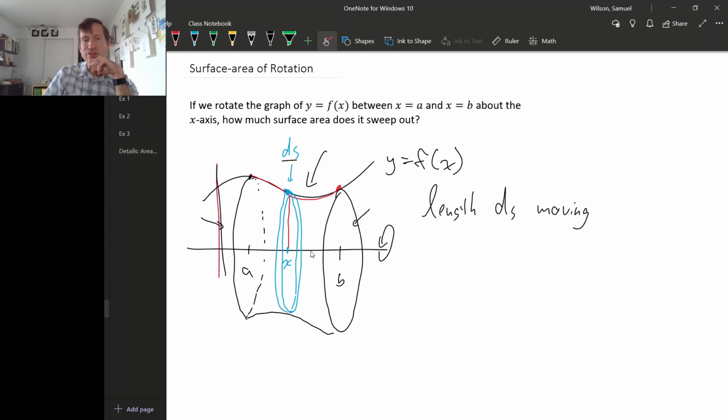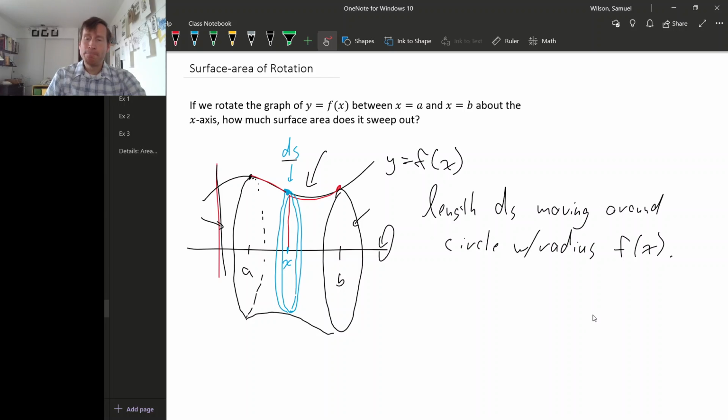Well, it's moving around a circle with radius f of x, this red distance here.